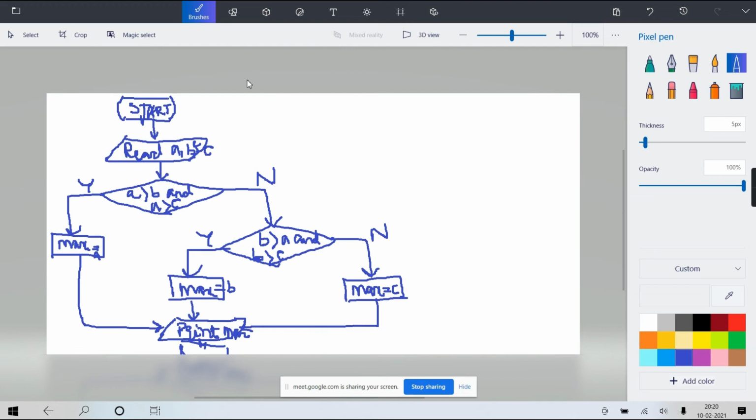Okay? Astik has drawn the next one, but in the meantime let me check what Prishita has done. Okay, you are accepting three numbers and you're checking whether A is greater than B. Yes. Then you're checking whether A is greater than C. Yes, so printing.